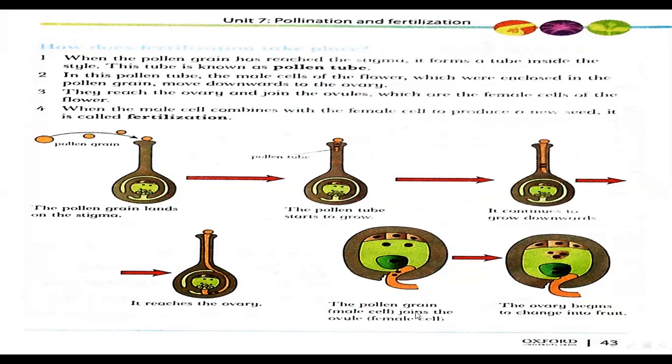And then the pollen grain's male cell joins the ovule, the female cell. And the ovary begins to change into fruit, and the ovule changes into seeds.